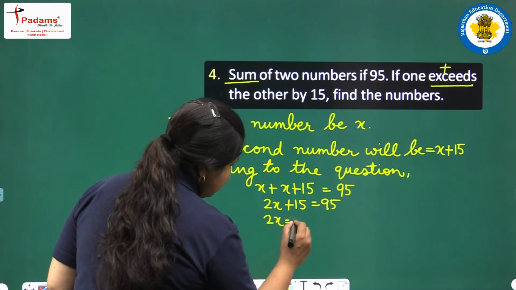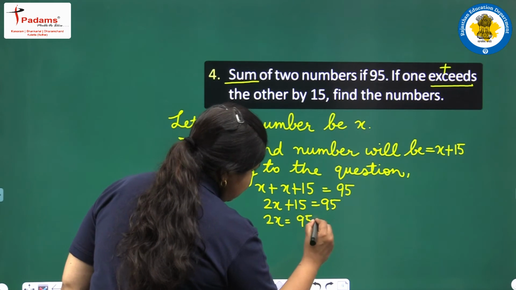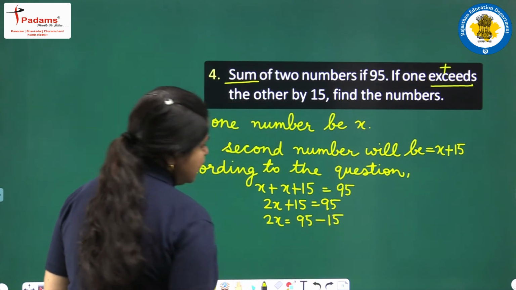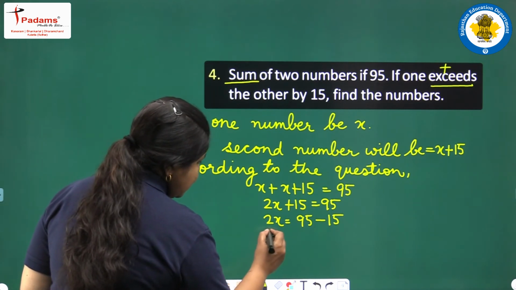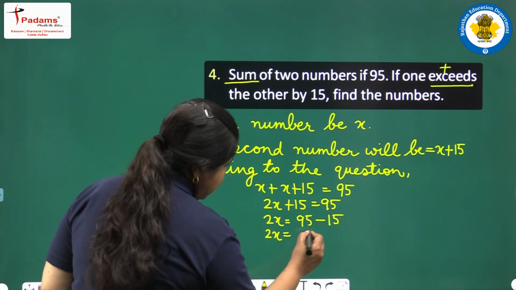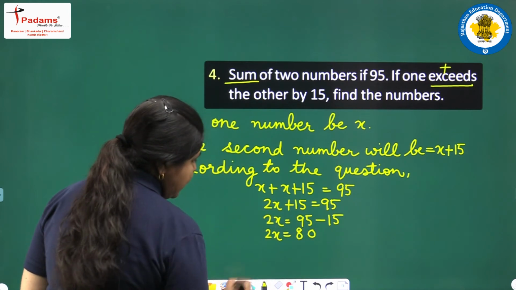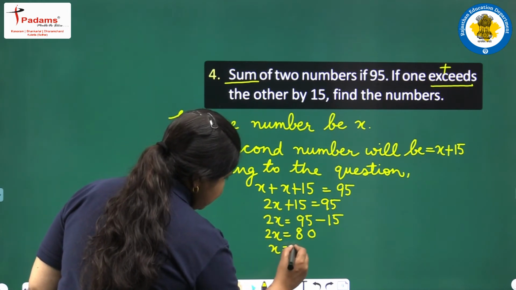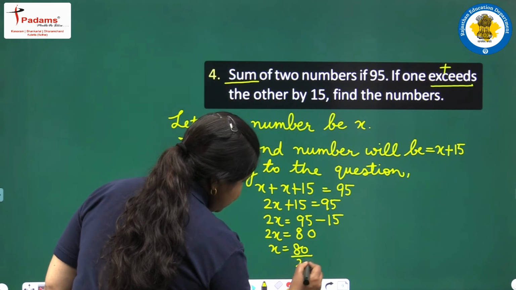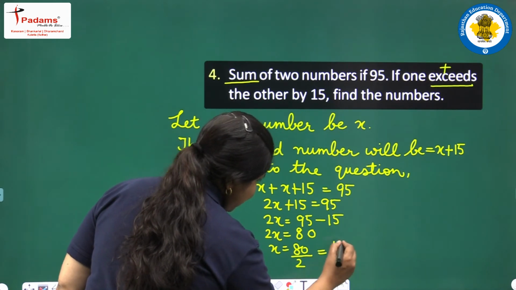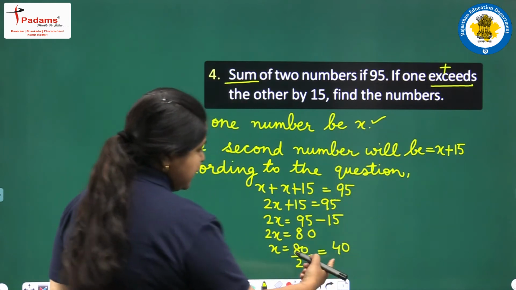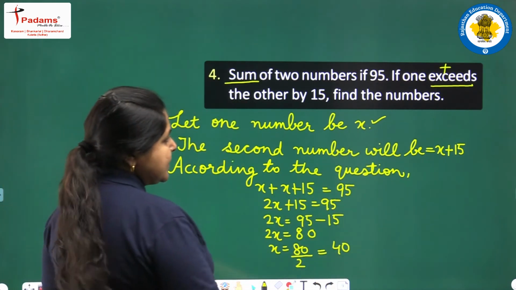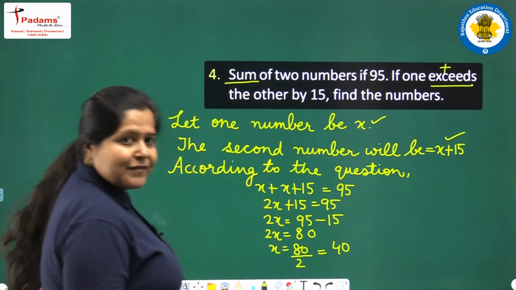2x equal to 95 minus 15, 15 will come to the RHS in minus sign, 2x will give us 80 and this x will be now 80 upon 2 which is equal to 40. So one of the numbers which was x is 40 and the other one we will get by adding 15.